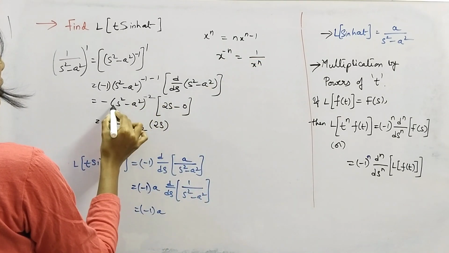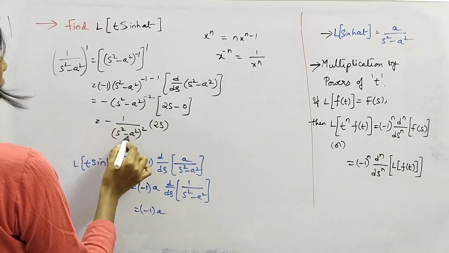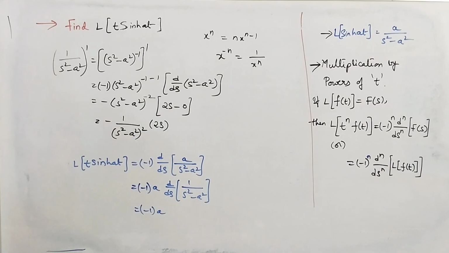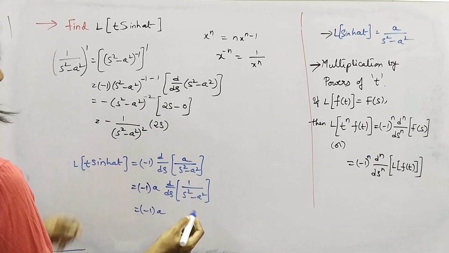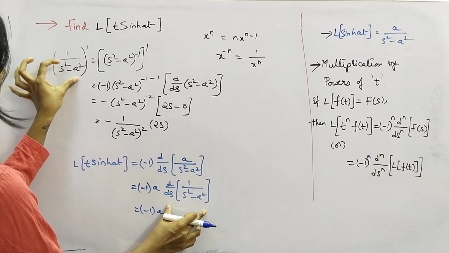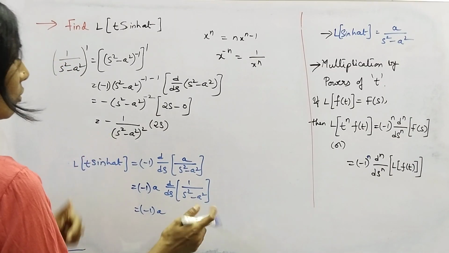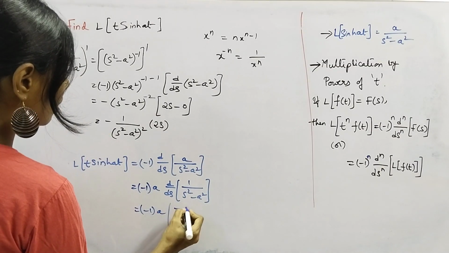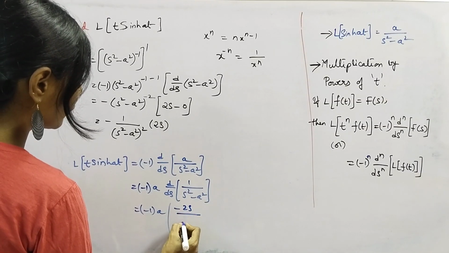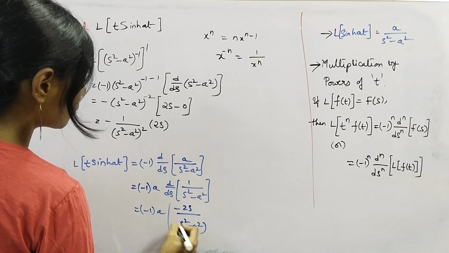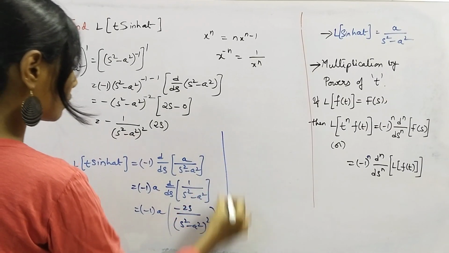So you can write s square minus a square power minus 2 as 1 by s square minus a square whole square. Okay, clear? Now the derivative of 1 by s square minus a square, we know the value, right? I'll just write it down: minus 2s by s square minus a square whole square.